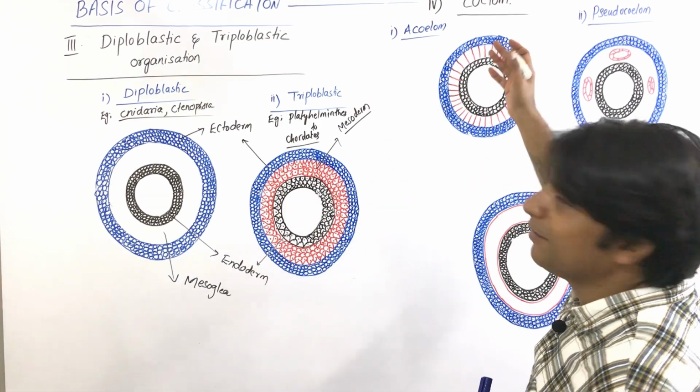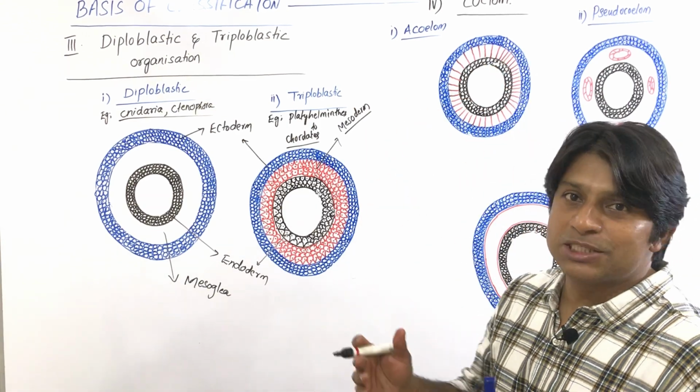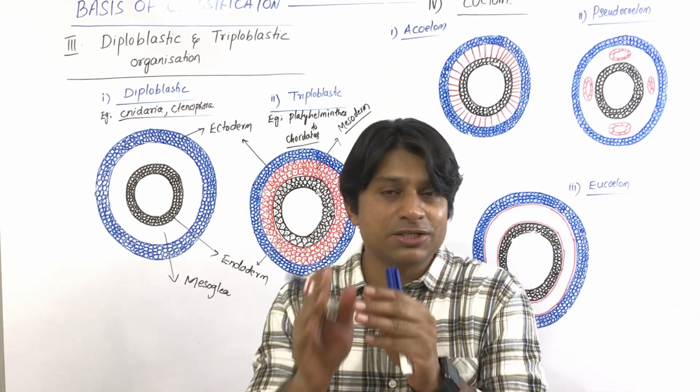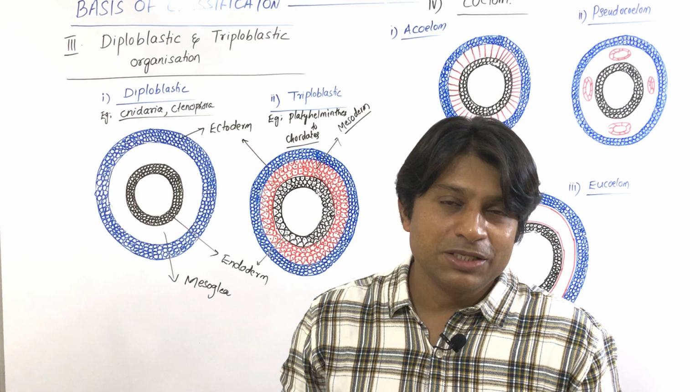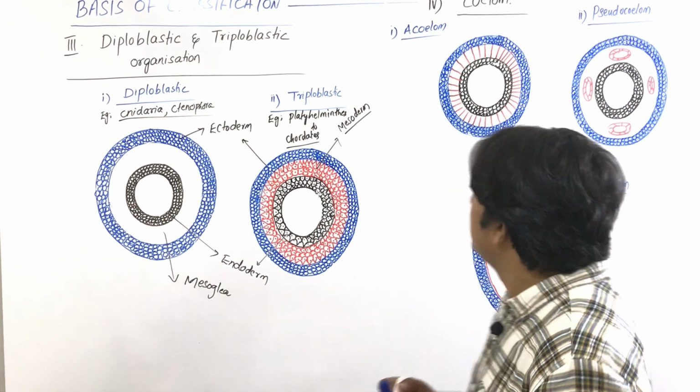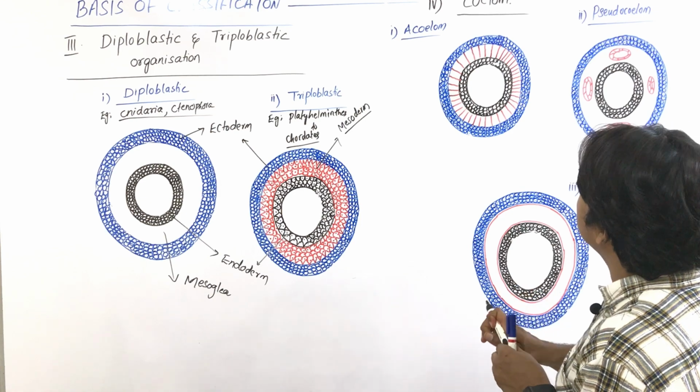Next, another interesting feature for classifying the animals is coelom. So first understand the definition of coelom. What is it? Coelom is the body cavity which is present between the alimentary canal and the body wall.